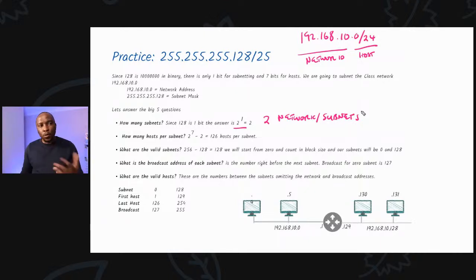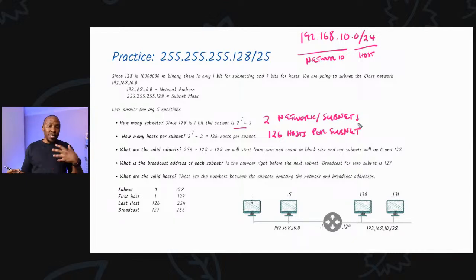The formula is 2 to the power y minus 2, where y is the number of unborrowed bits. If we borrowed 1 bit out of 8, 7 bits are unborrowed. 2 to the power 7 is 128 minus 2, 126. So we can have 126 hosts per subnet.